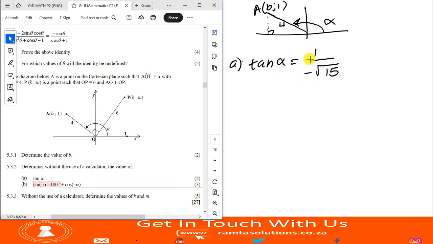You can leave it here, guys. If you like, you're not using your calculator, but you can rationalize the denominator. All right, perfect. So when you rationalize the denominator, you will be getting this answer. It will be negative square root of 15 over 15.